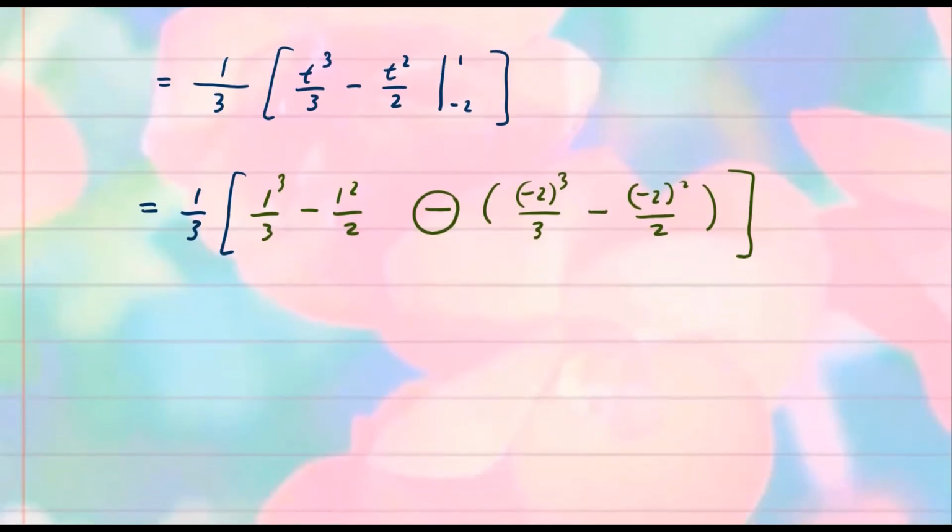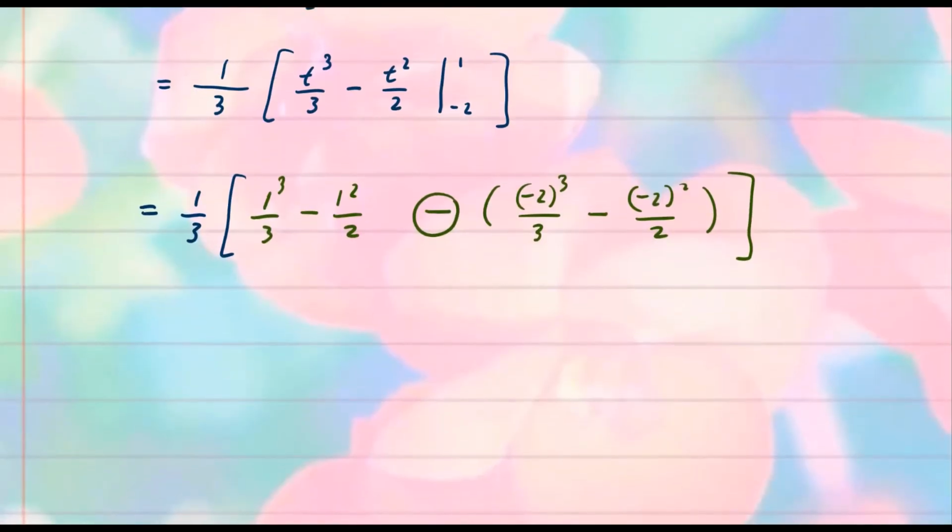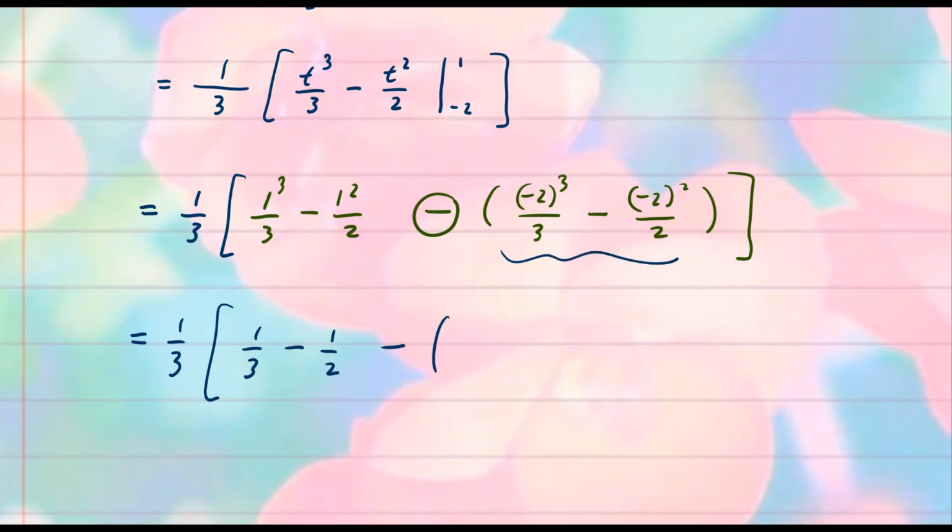Now let's do it very carefully so we don't make any algebraic error here. We have 1/3 from before, 1 cubed, that's 1 over 3, and then 1 squared, that's 1 over 2. Now here minus, so let me do the inside first. Negative 2 cubed, that's negative 8 over 3, and then negative 2 squared, that's 4 over 2.